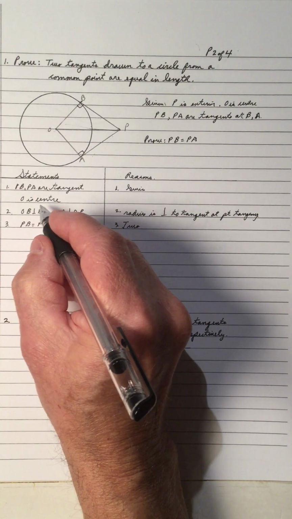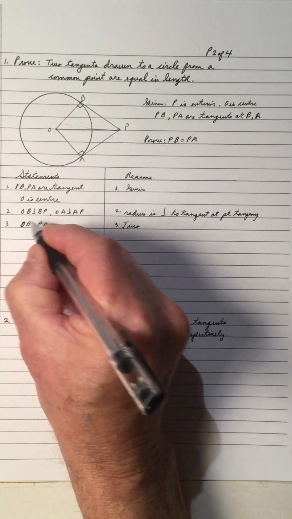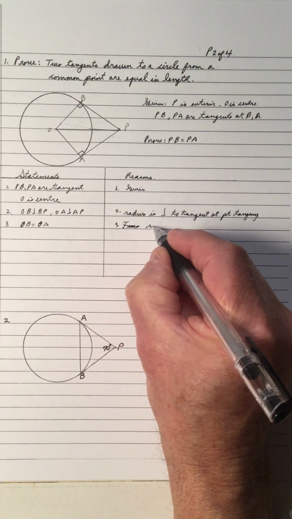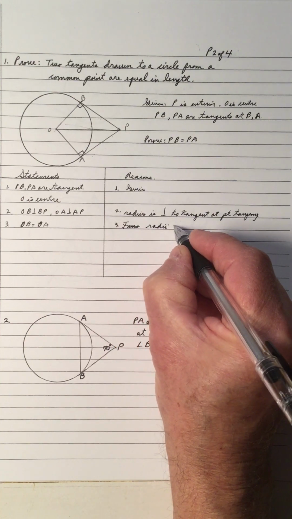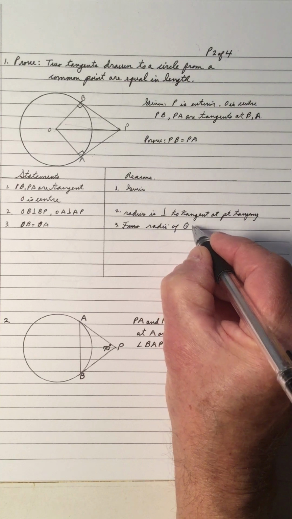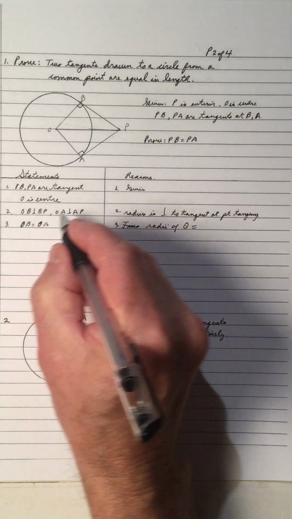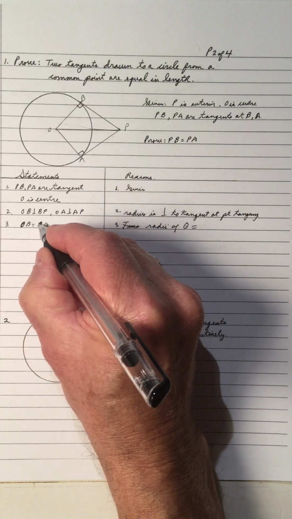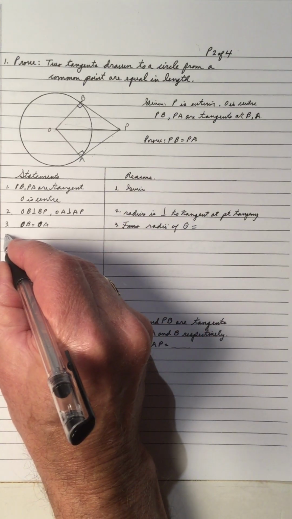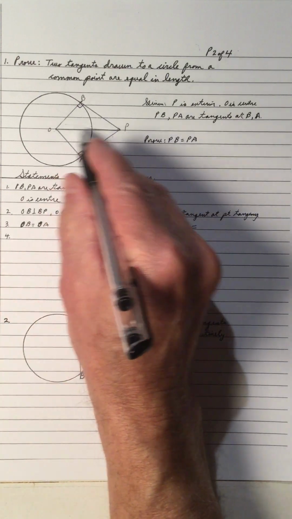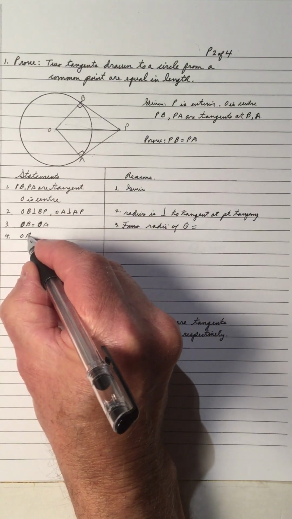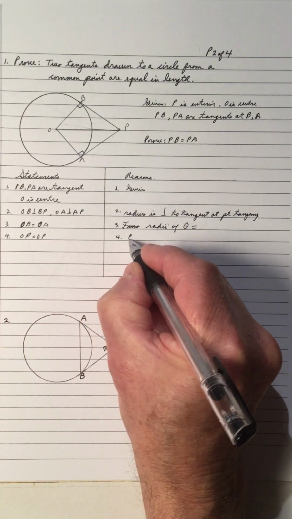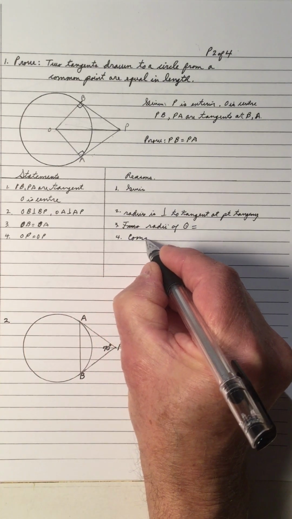We have OB is equal to OA because the radii of a circle are equal. I'm trying to prove these two, and I just wrote it down. So I meant to put the radii here. And we have OP is equal to OP. That's a common side to both triangles.